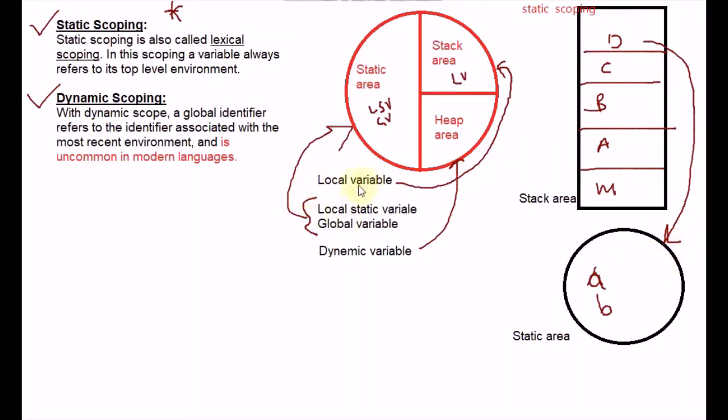If the variable is not found in the stack area, it directly goes and checks inside the static area. This is the concept of static scoping, and this scoping is used by most programming languages.